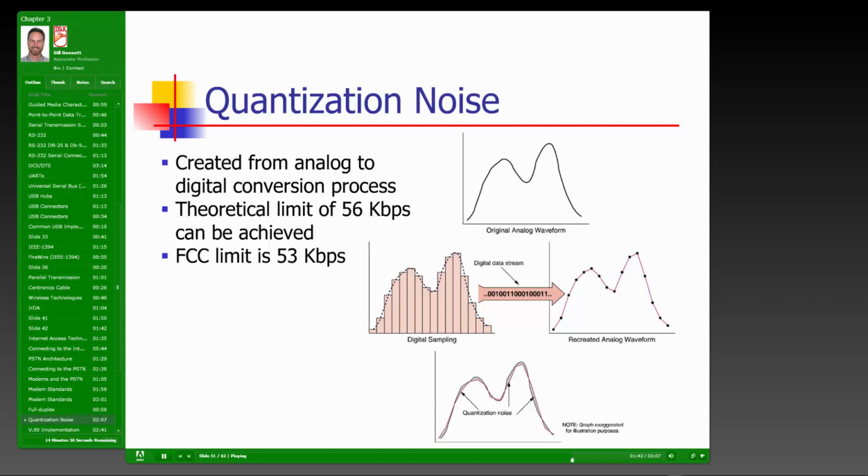Another thing that you want to be familiar with is that the theoretical limit of the modern day phone lines is 56 kilobits per second. However, the Federal Communications Commission, the FCC, has actually placed a limit on the telephone network bandwidth of 53 kilobits per second.